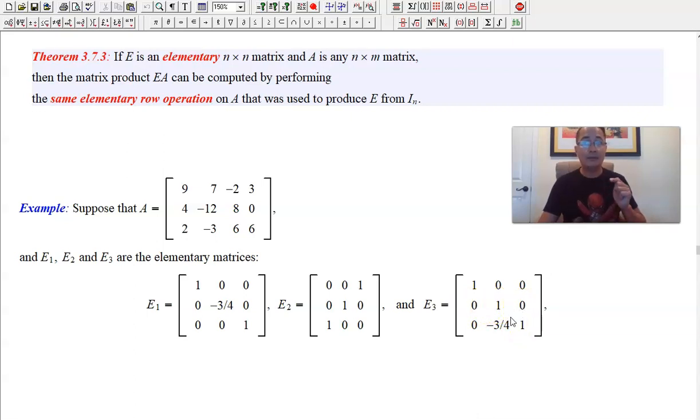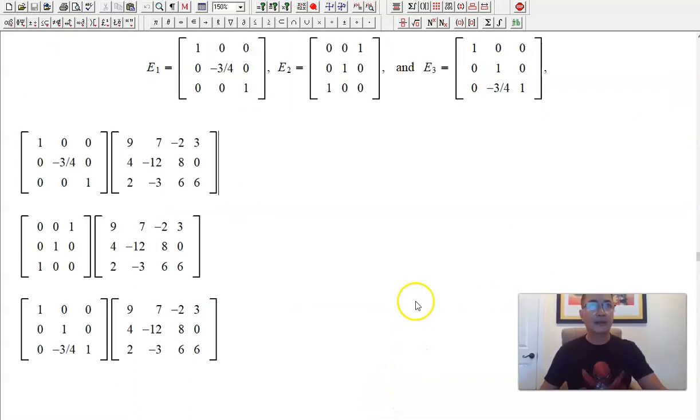We temporarily compute negative 3/4 times the second row, and then we add it to the third row. Okay? So all of these three are elementary matrices. I've gone ahead and made copies of these three matrices on the left, and I copied A on the right. Okay, we are going to perform these three products. Now, before I click, let's think about it. Let's use the dot product version for matrix multiplication.